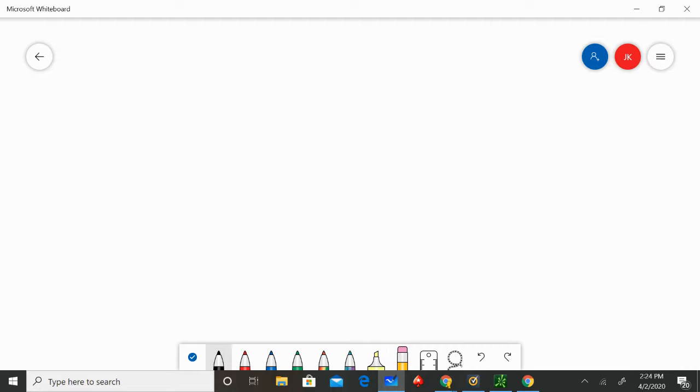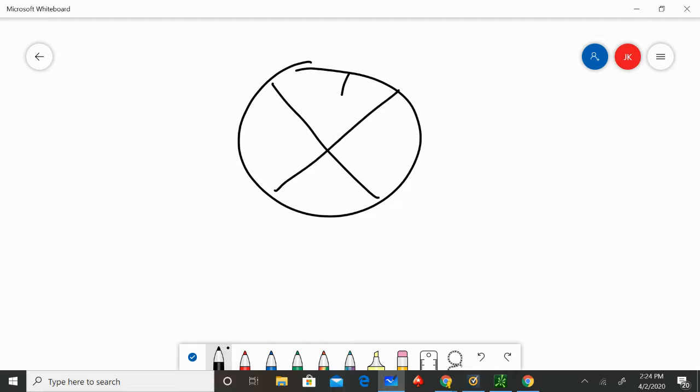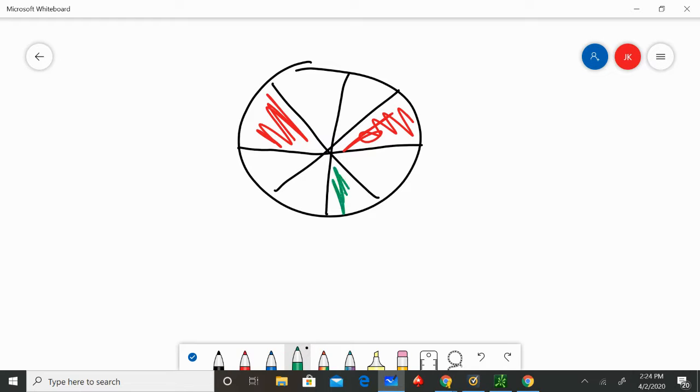Let's go a step further. Let's go into our good old pizza. We're going to try something a little different with our pizza here. The question is, how many parts of the pizza are shaded green? Well, first I have to find my denominator. Where's the denominator again, on the top or the bottom?